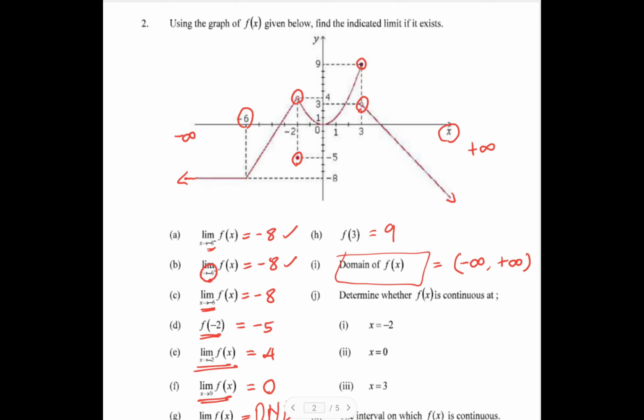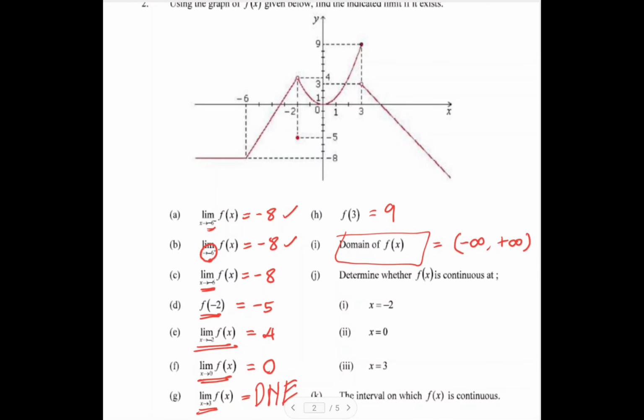Okay, and then for question J, you want to determine whether f(x) is continuous or not at x equal to negative 2, x equal to 0, and x equal to 3.